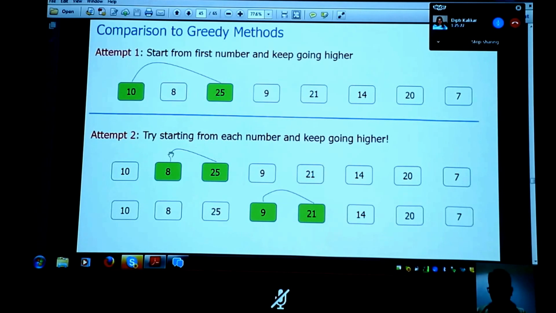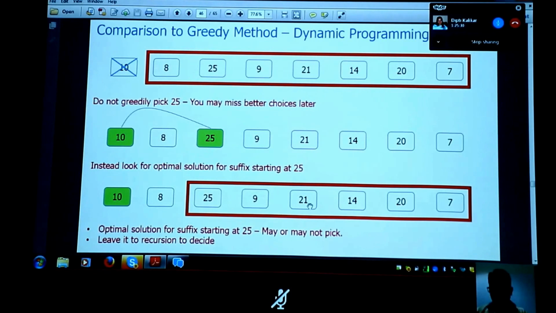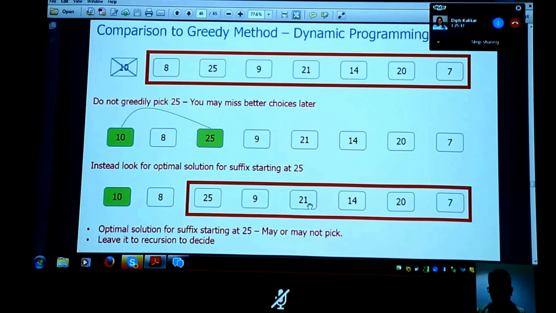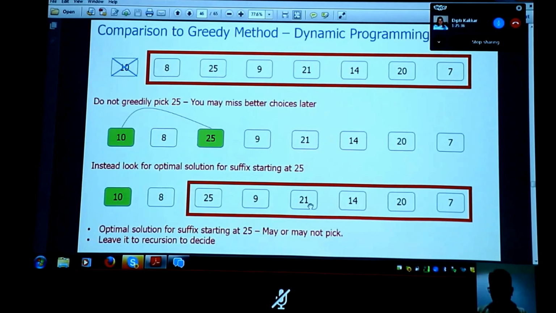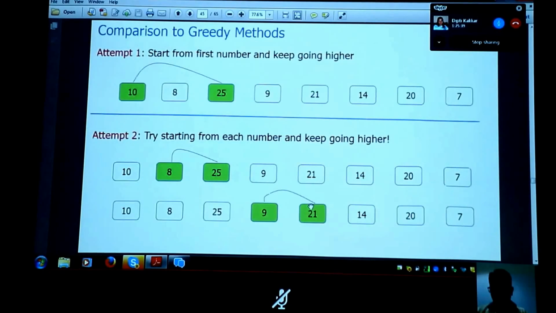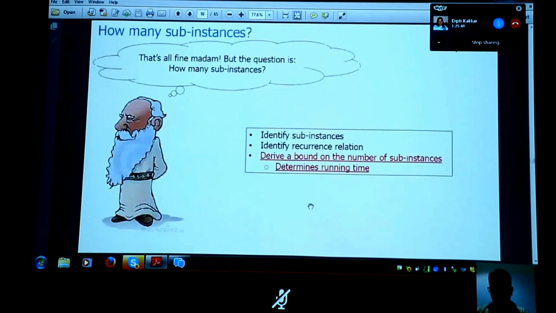Attempt 2 also got stuck. Remember, 8 jumped, 9 jumped, but everybody is getting stuck. You can't do it greedily. You have to purposefully skip, like our optimal solution.